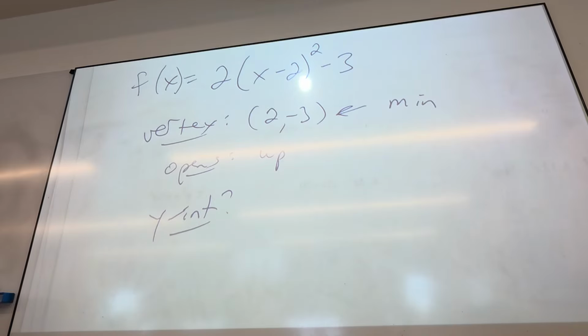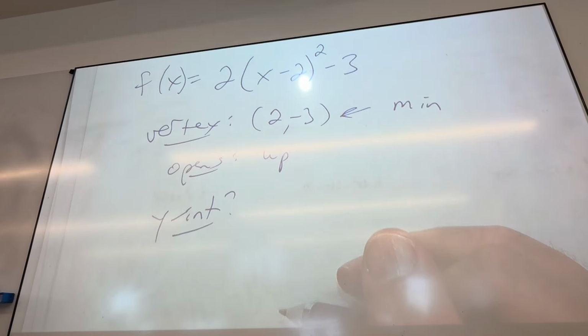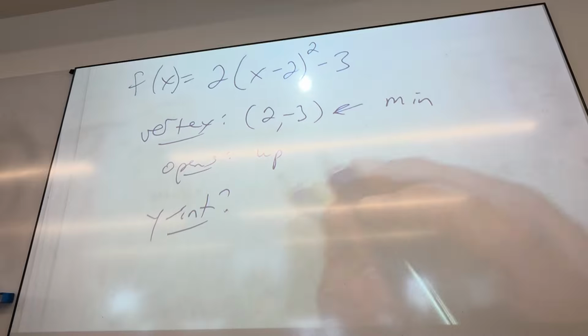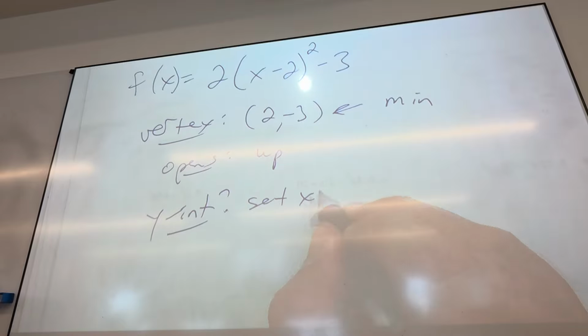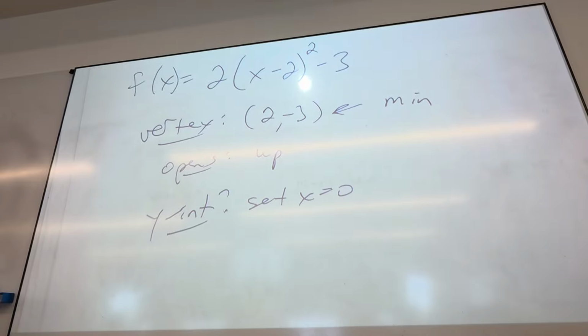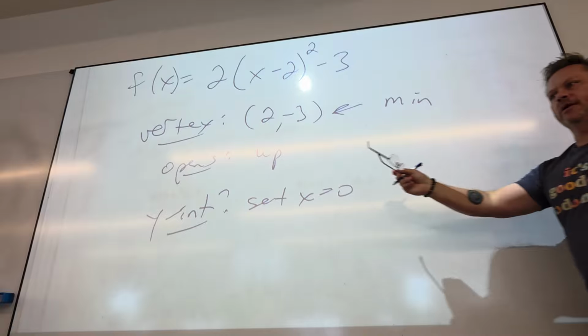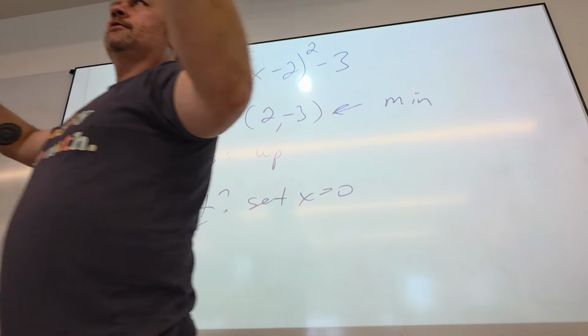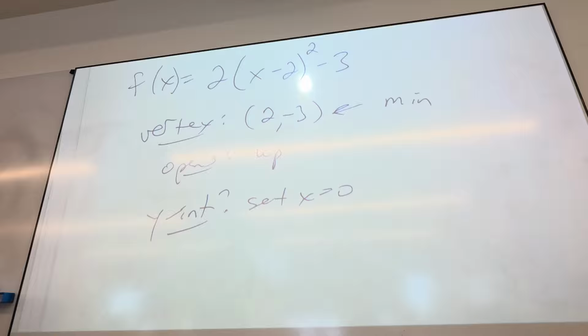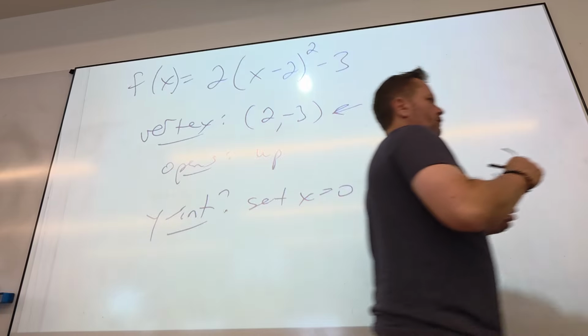Does anyone remember how to get the y-intercept? Set what equal to what? No. No, I'm sorry. Yes. I went back to my first question. Whenever I want the blank intercept, I make all the other letters 0. So if I want the y-intercept, I'm going to make the x 0. What do you get if you make the x 0?